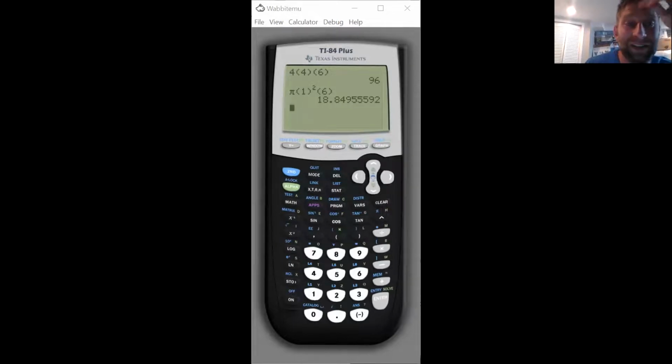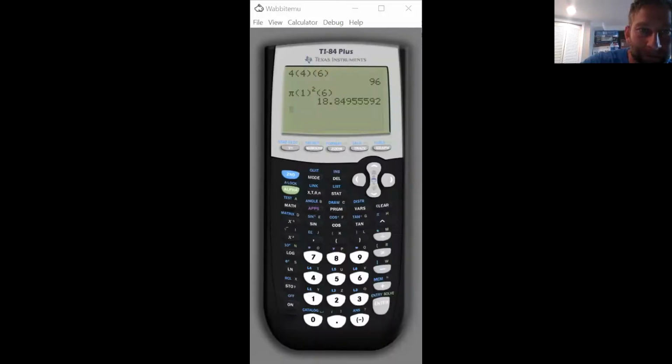So again, the volume of the leftover solid that's not being taken out by the cylinder, I'm going to subtract them, because I'm not adding them. I'm not adding the cylinder onto the rectangular prism. I'm taking that cylinder out. And if I go back to my calculator, I'm just going to copy and paste them.